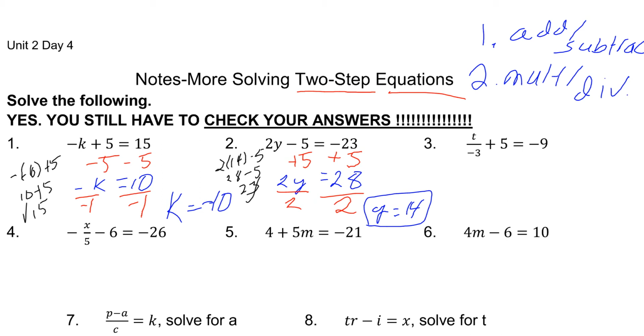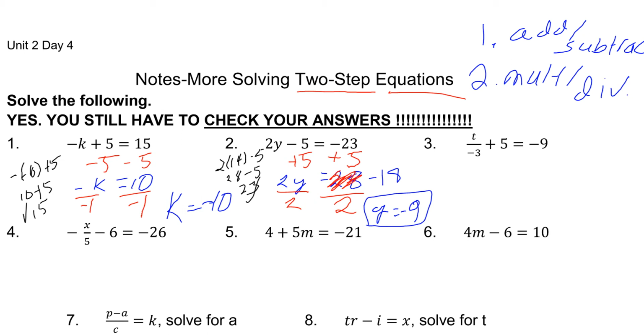I wasn't supposed to have a 28 here, I was supposed to have a negative 18, and then I divide both sides by 2. And then I wind up with a negative 9 instead. Big difference, right? And that's how you figure out if you did this right or not.